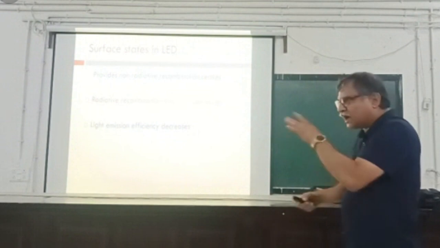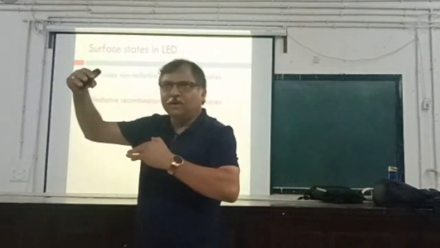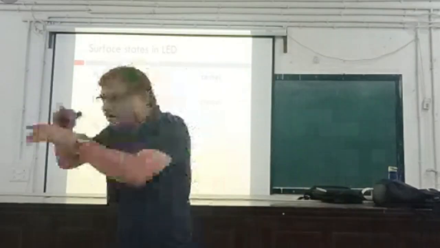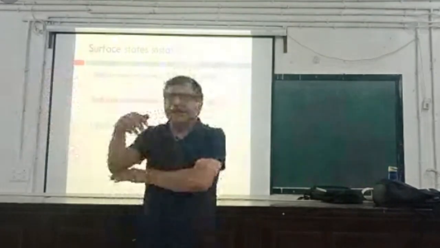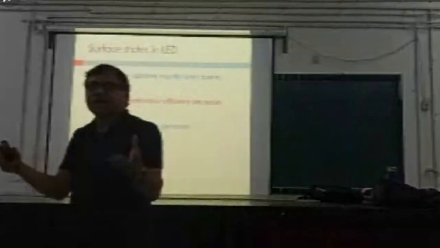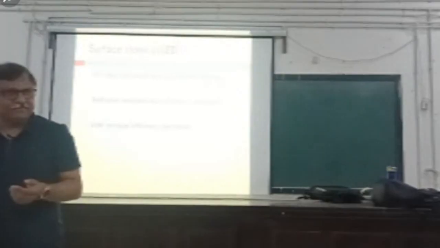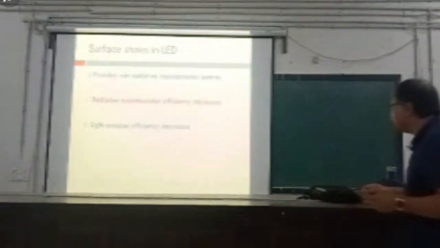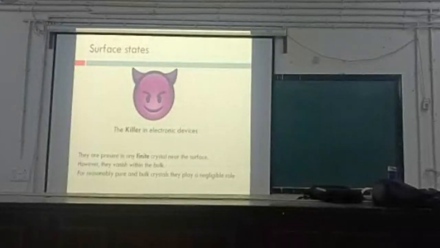But with surface states and defect states, you injected some electron or hole, and they are not recombining with each other, rather going into the defect and giving the extra energy to the lattice, which is converted into heat. Okay, so the efficiency of the light emitting diode will decrease. So the surface states are basically killers. They are the killers in electronic devices.